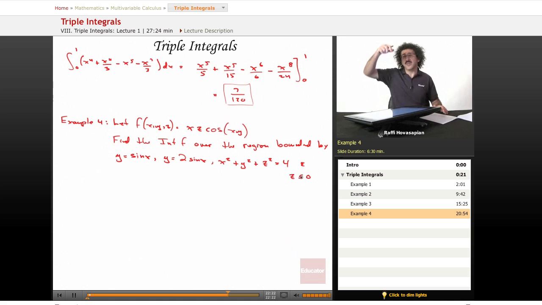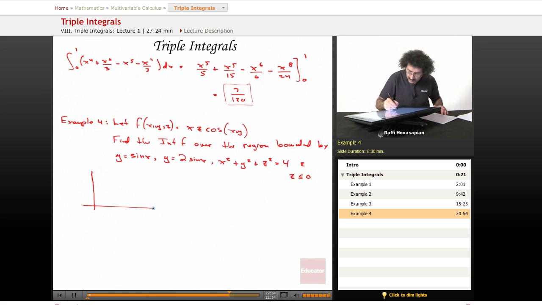Okay, so we're going to have everything below the xy plane, because z is going to be negative. So let's go ahead and deal with the xy plane first. So let's just see what this looks like. We have y equals sine x, so that's going to be that graph right there. y equals 2 sine x, that's going to be that graph right there.